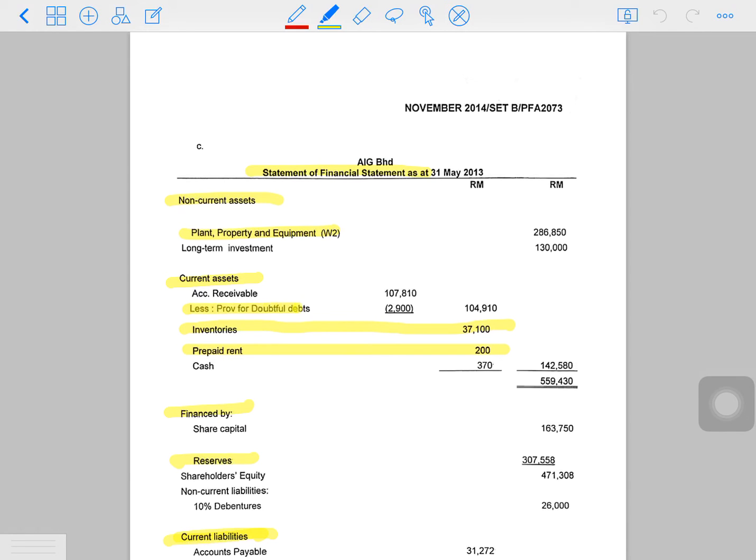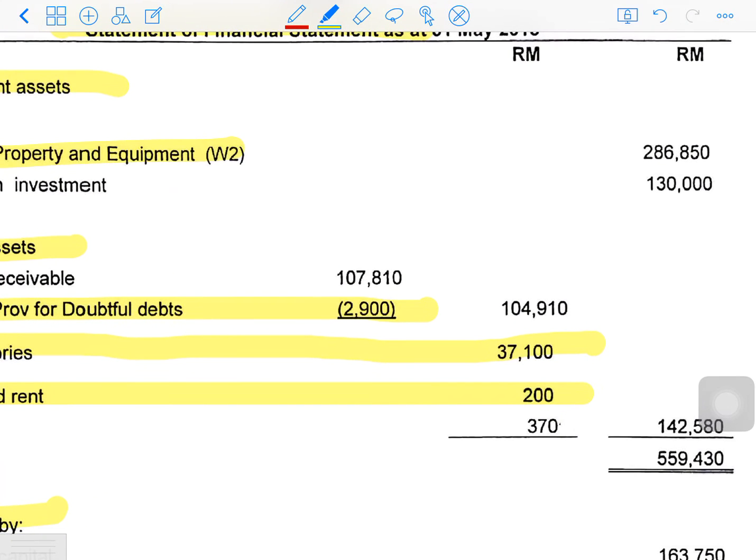Okay, if you have provision for doubtful debt now, it is 2,900, which is 2,400 plus an increase of 500, right? Increase of 500.